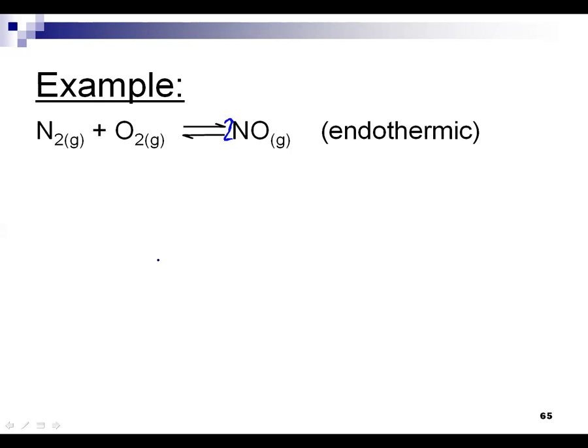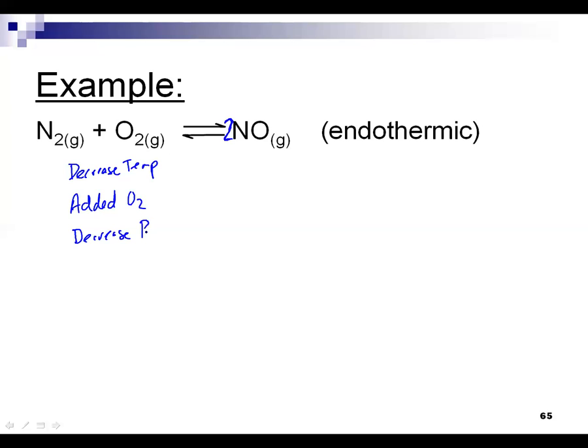All right, I want to give you some ones on this one, and you can decide. Let's say we decrease the temperature. Let's say we added O2. Let's say we decrease the pressure.